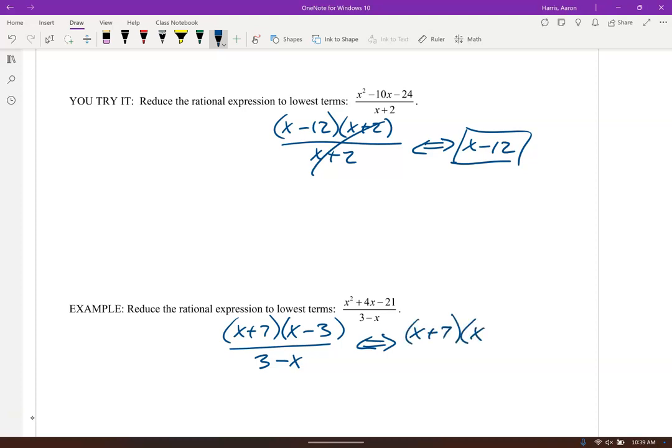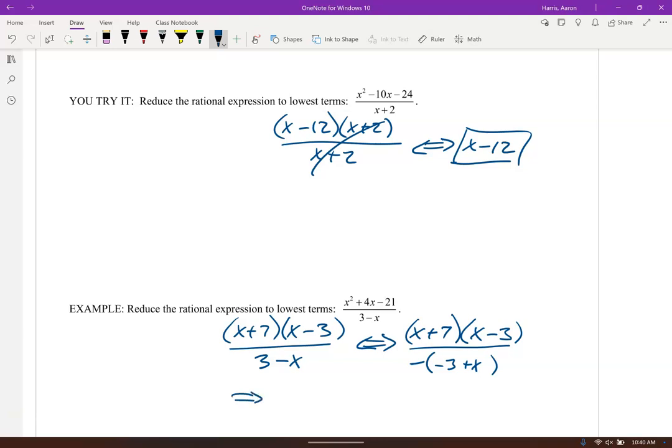What could I take out of 3 minus x? Negative, yeah. If I take a negative 1 out, I'm just going to put it as a negative, right? What would I be left with? Negative 3 plus x.